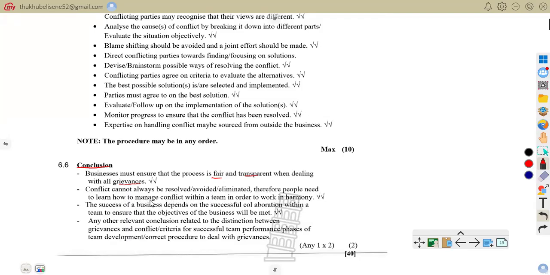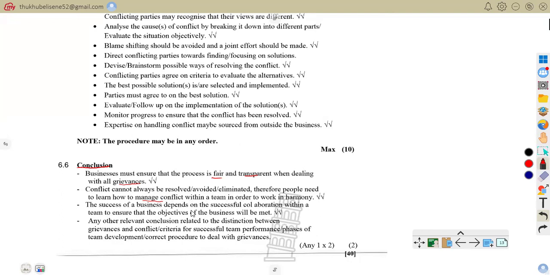Conflict cannot always be resolved, avoided or eliminated. Therefore, people need to learn how to manage conflict within a team in order to work in harmony. So they should know that there will always be a conflict. It cannot be avoided or eliminated at all, so they have to learn how to manage it because it will be there.